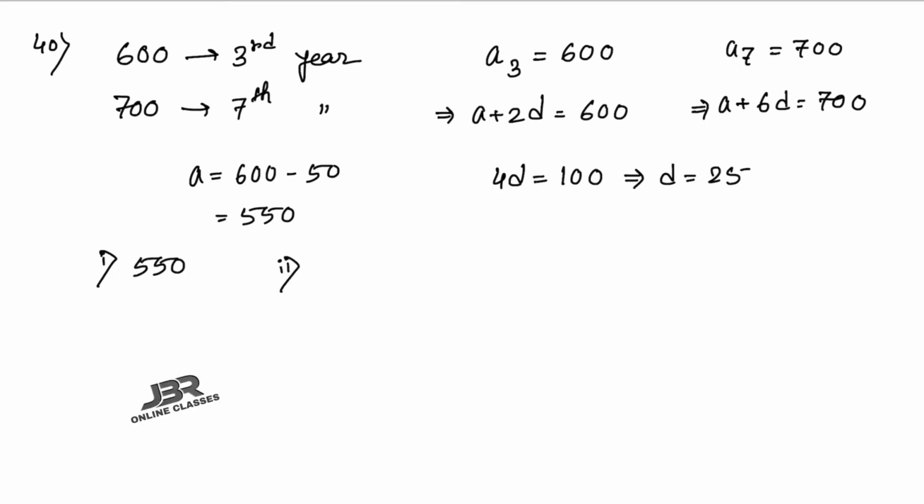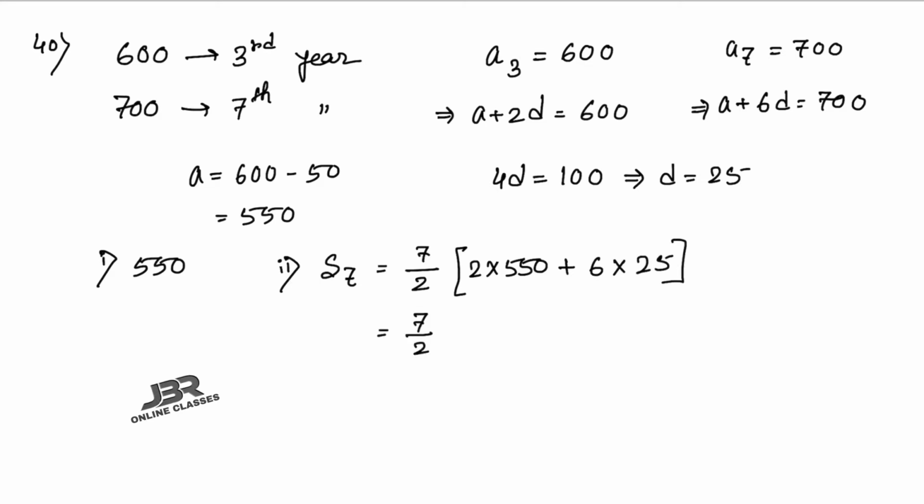Now number 2, the total production in 7 years. That means you have to find S7. S7 means 7 by 2, 2 into A, that is 550, then 6 into 25.